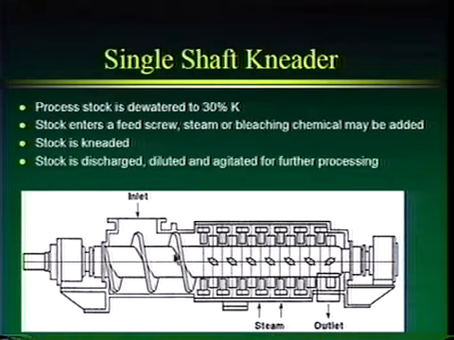In this feed screw, oftentimes steam might be added, or even a bleaching chemical like peroxide. The reason is that we've got pretty good retention time here at high consistency, and you don't want to do bleaching at low consistency because you're diluting your active chemical bleaching agent. So this is a nice place where you have good mixing, some retention time, and high consistency stock, so maybe some bleaching.